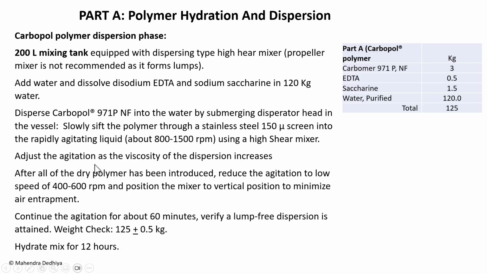Once all the dry polymer is introduced, reduce the agitation speed to 400 to 600 RPM and position mixer to minimize air entrapment. Continue agitation for 60 minutes.